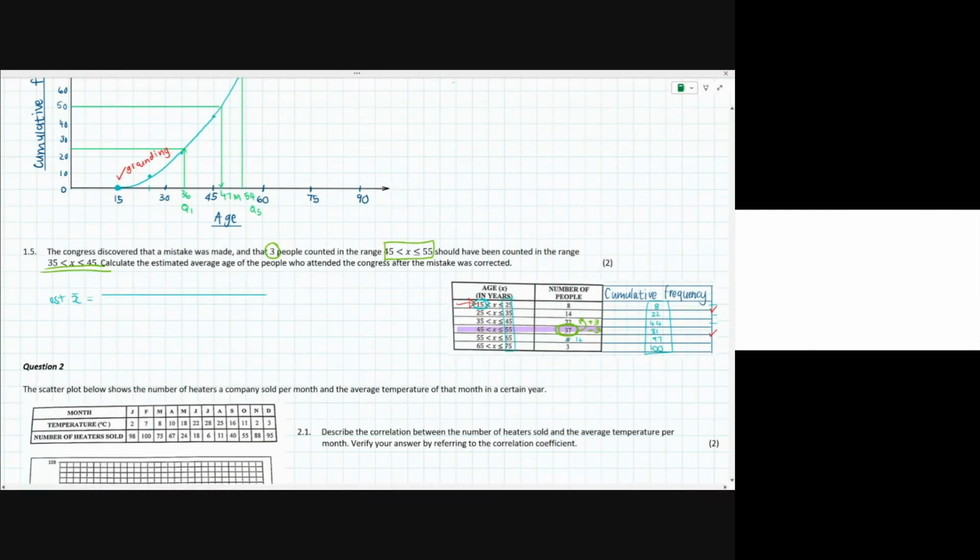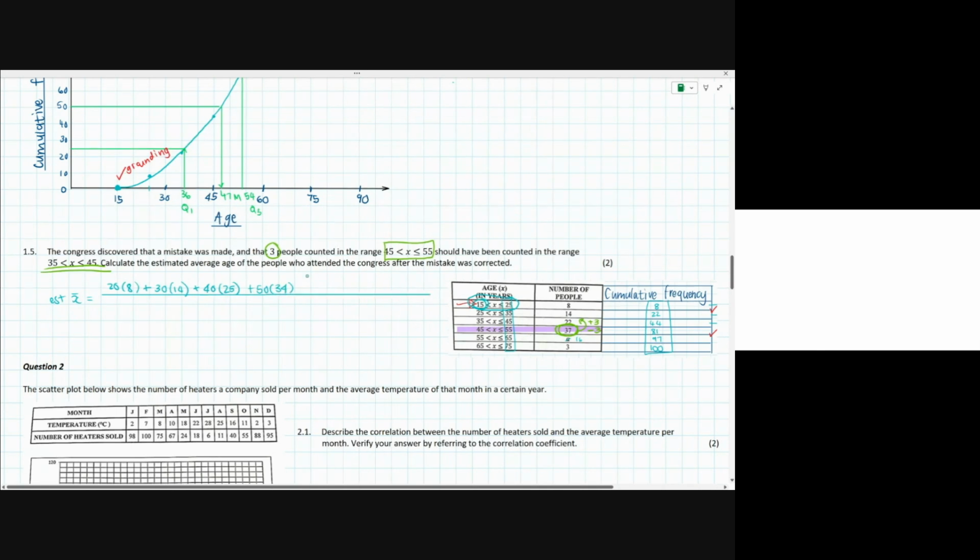So we take the midpoint of 15 and 25, which is 20, and we times it by the frequency, 8, plus the midpoint of 25 and 35, which is 30, times its frequency, 14. Frequency, not cumulative frequency. Plus 40, the midpoint of the next interval, times the new value of 25, because we added those extra 3, plus 50 times the new value, because we took 3 away, of 34.